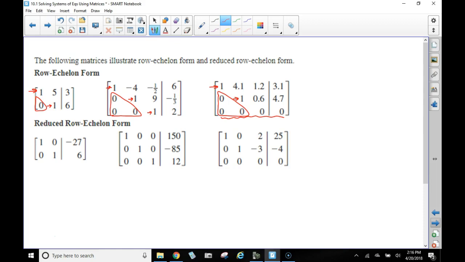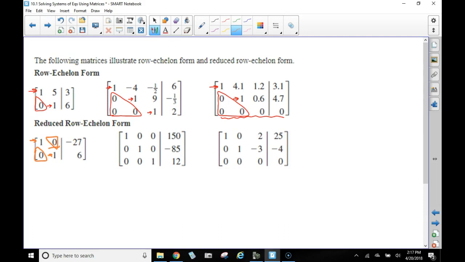Okay? Now, in reduced row echelon form, that is when not only do you have a leading one and a 0 below the leading one, you also have a 0 above the leading one. I'm trying to draw a good shape around that. Okay? So you did that as well.